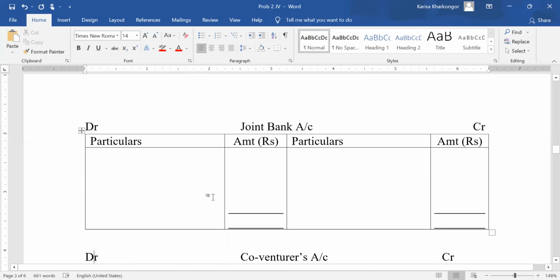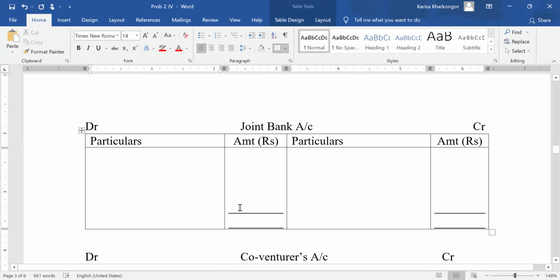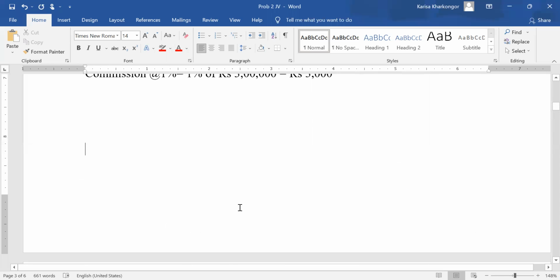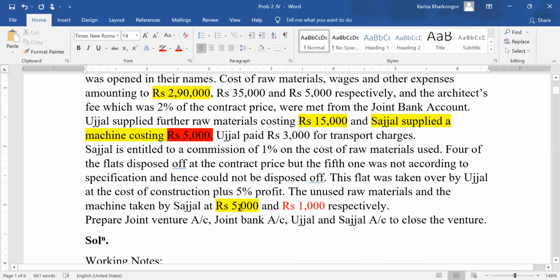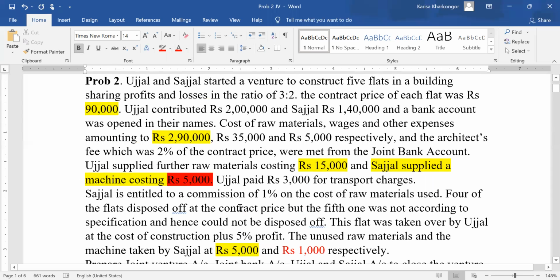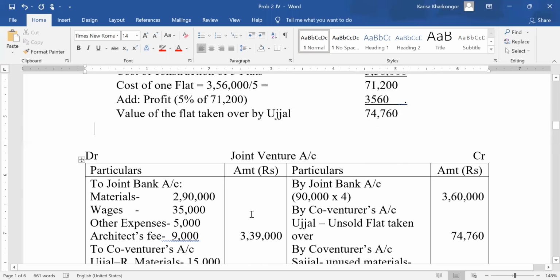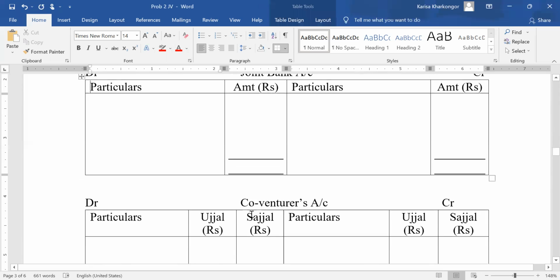So joint bank account is like a cash book where we debit what comes in and credit what goes out. So we will first debit the contribution made by the co-venturers towards the joint venture. The venturers made a contribution of 2 lakh and 1,40,000 each. So we will first make entry on that.